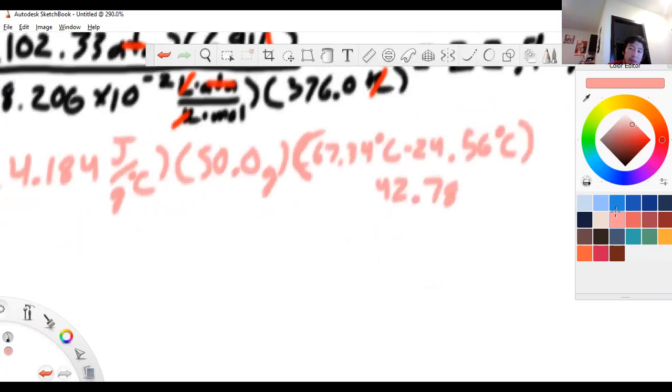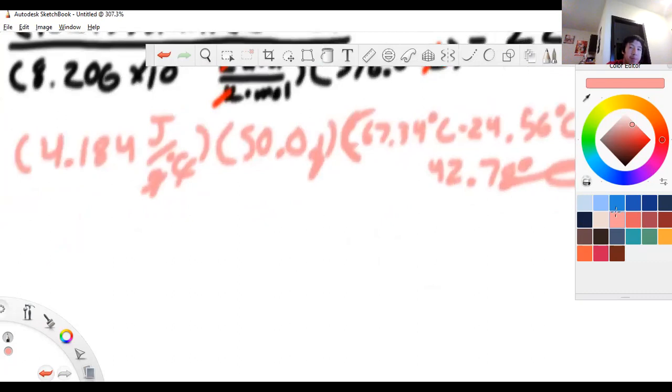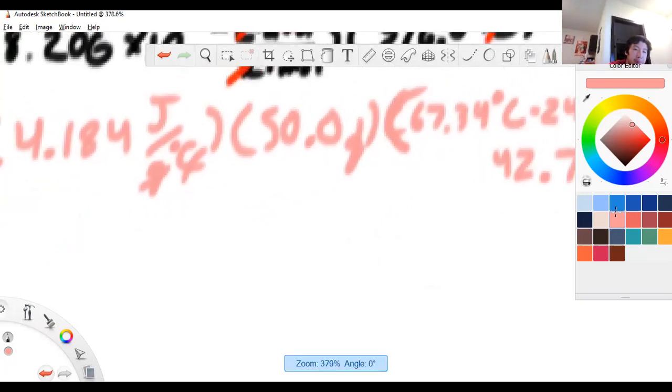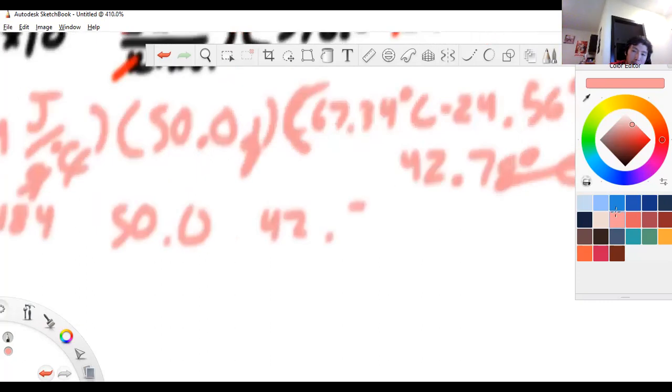So we have degrees C, so that's going to cancel out. And we have grams, that's going to cancel out. We're left with joules. So 4.184 times 50 times 42.78.